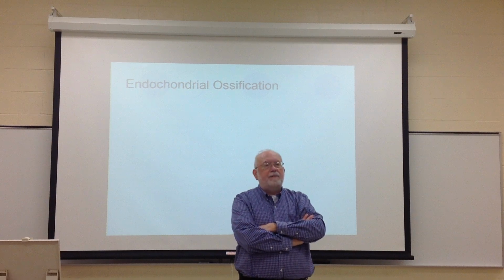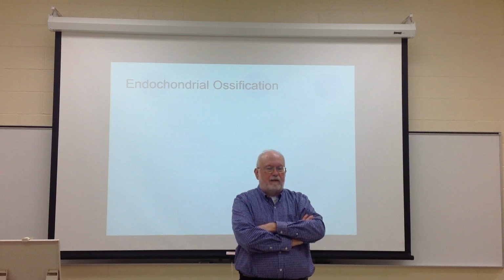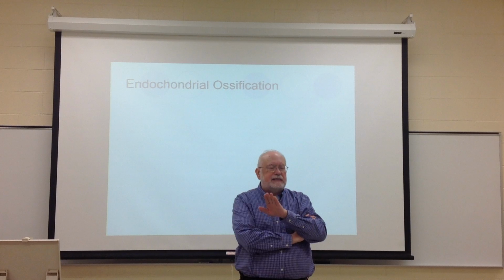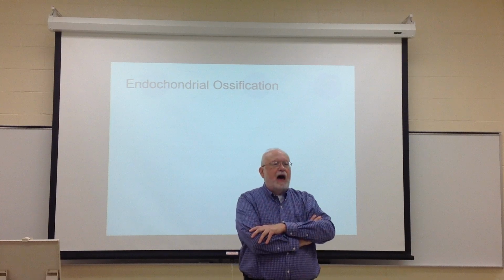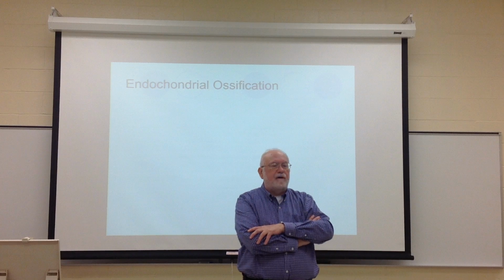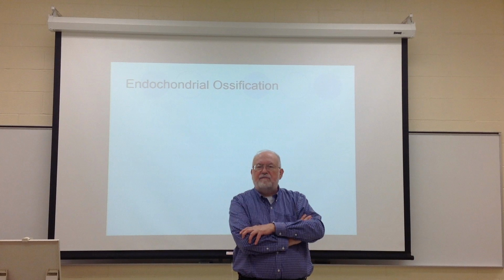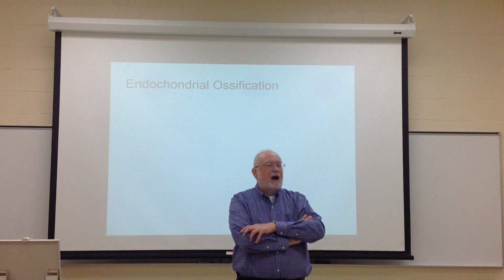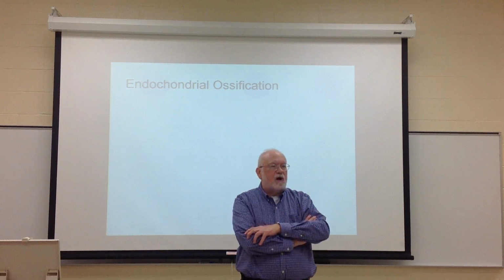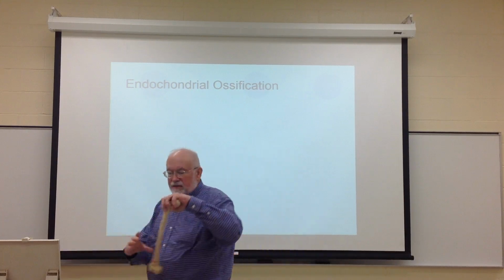Well, what happens, of course, is that a perichondrium starts to develop, and a periosteum starts to develop by a thickening, essentially, of that connective tissue covering near the center of the diaphysis of the bone. All right, because that's where bone will start to form, is in the center, essentially, of the diaphysis.